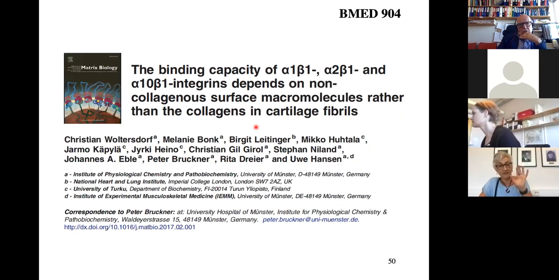And a very high profile paper showed that when you extracted collagen fibrils from tissues, cells didn't bind, which was surprising. But this is probably due to this, that in mature tissues, the collagen fibrils are coated with proteins and are so tightly packed that integrins don't have access.